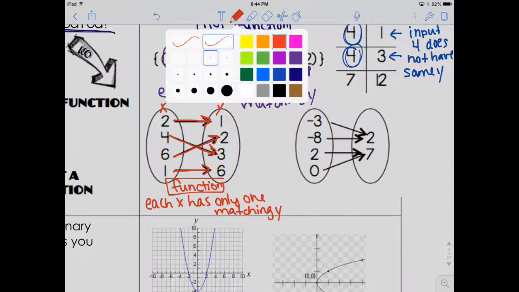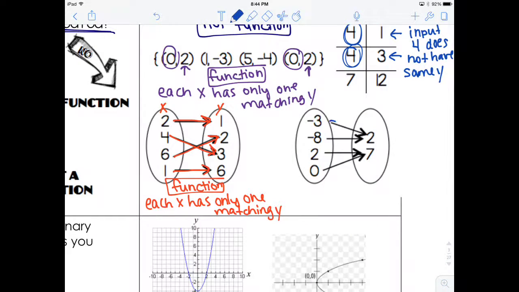Okay, so let's look at this next one. -3, 2, -8, 2, 2, 7, 0, 7. This is a function because each x has only one matching y.